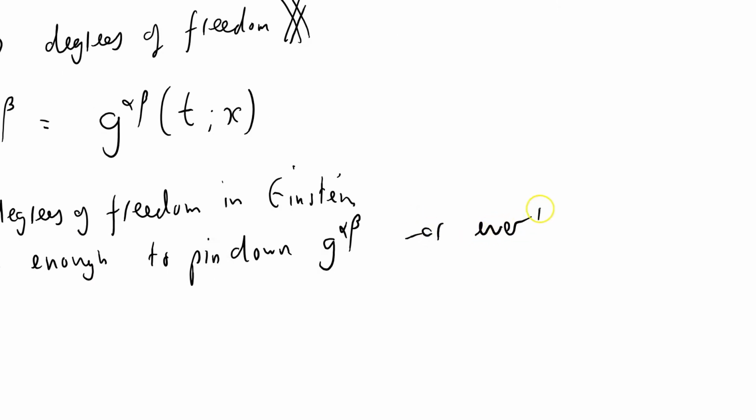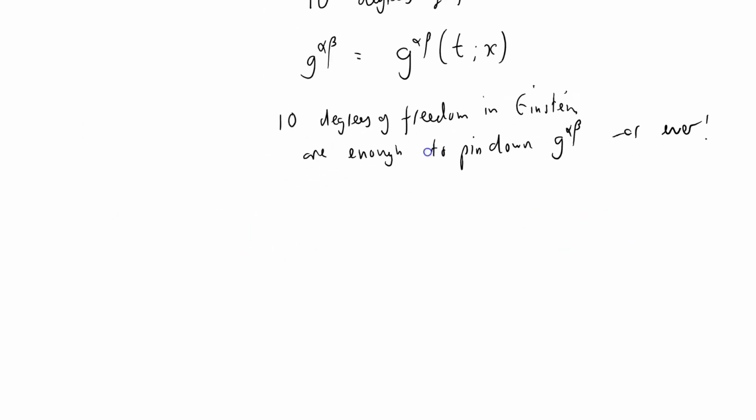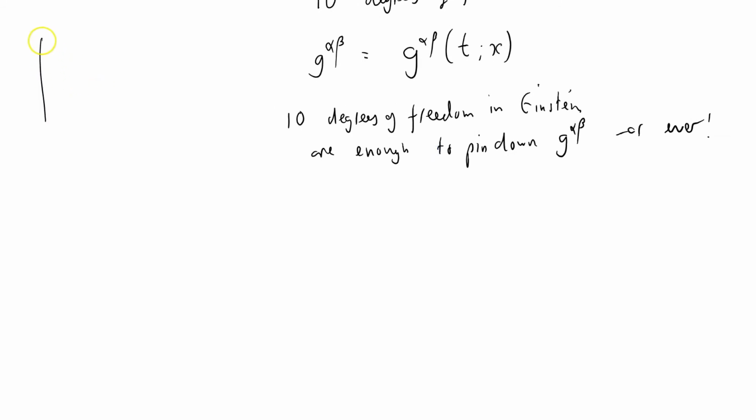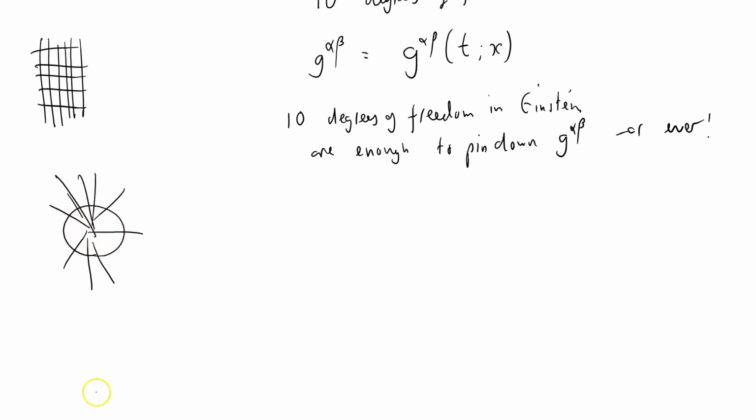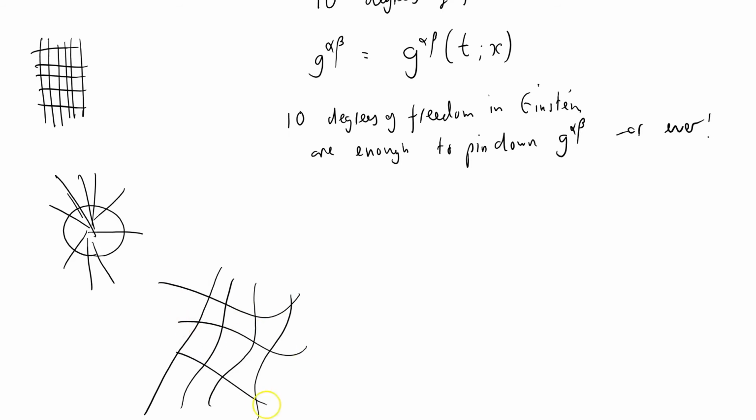And that can't be right, because some people might want to use a nice Cartesian system, even in two spatial dimensions, you can see this isn't going to work. Whereas some people are going to want to consider a nice radial system, and other people are going to want to consider some weird arbitrary system here. And if the Einstein field equations included 10 degrees of freedom, that would curtail our freedom to choose the coordinate system that we want.